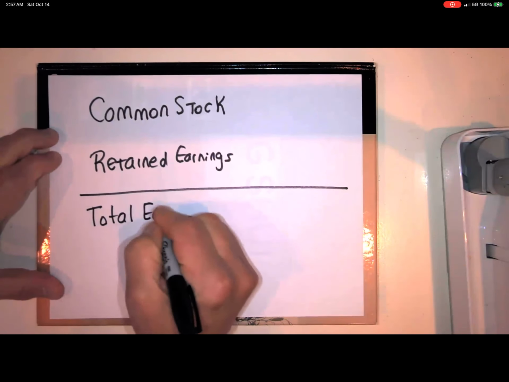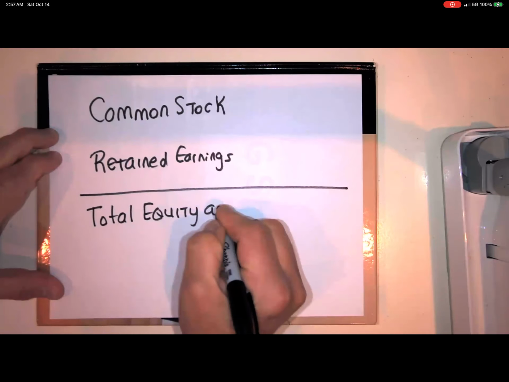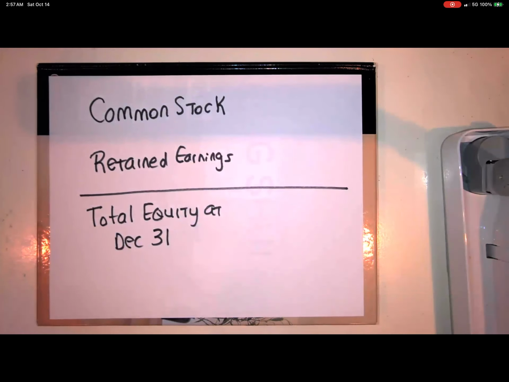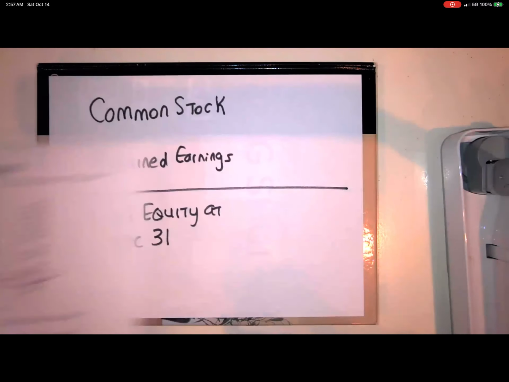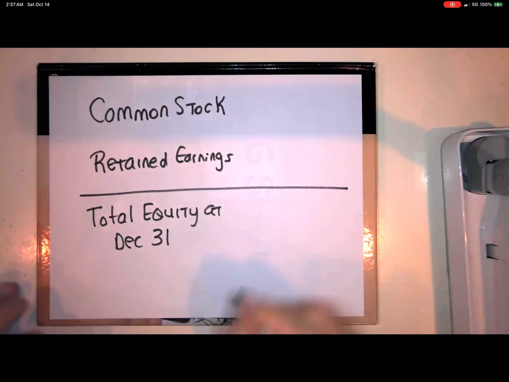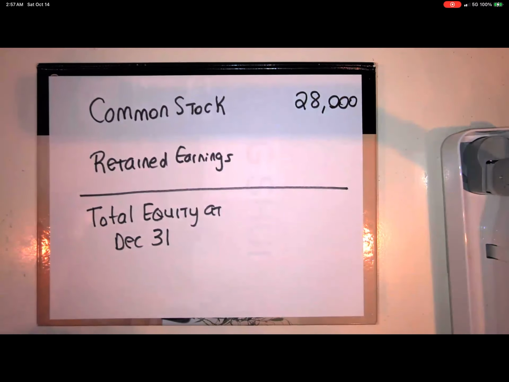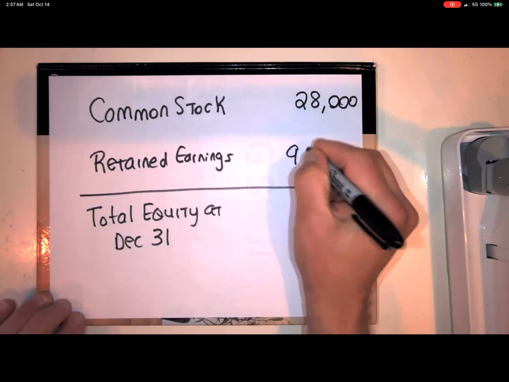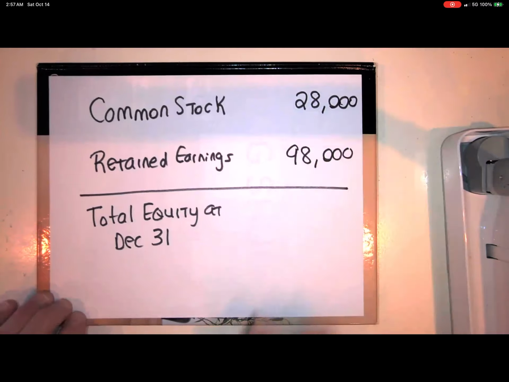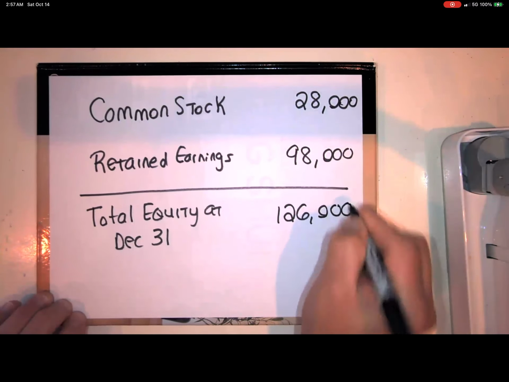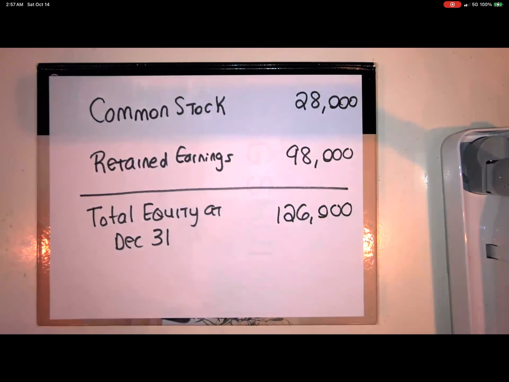That'll be our total equity at December 31. Again, you can look in the problem. At December 31st, the common stock was 28,000. The retained earnings, 98,000. Giving us total equity at the end of the year, $126,000.